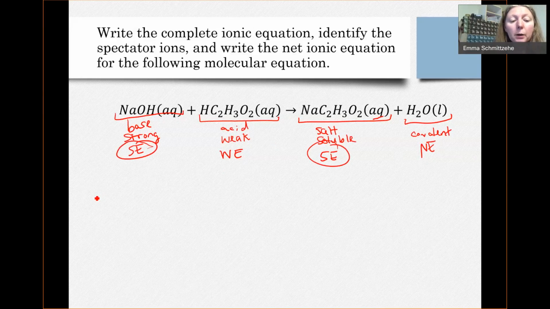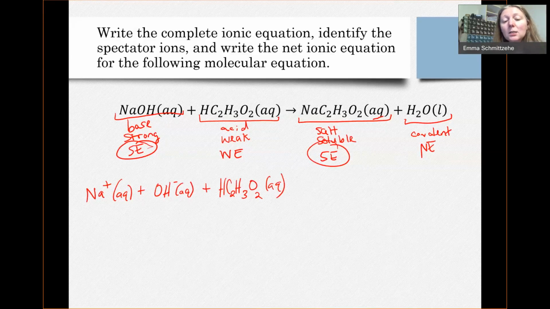So the NaOH we break up, so we get Na plus aqueous and OH minus aqueous. And then the acetic acid we leave as is, so it's HC2H3O2 aqueous. Because it's a weak acid, it's a weak electrolyte, and the majority stays together. So that's how we write it.